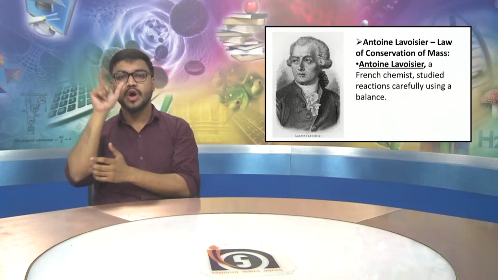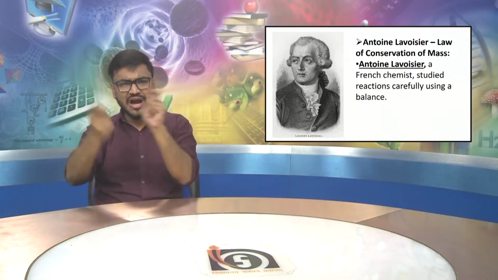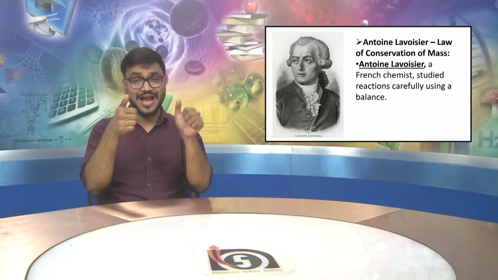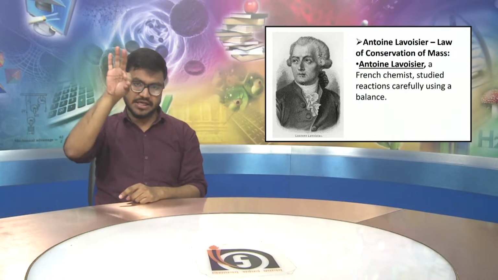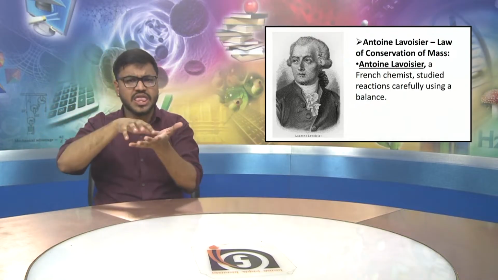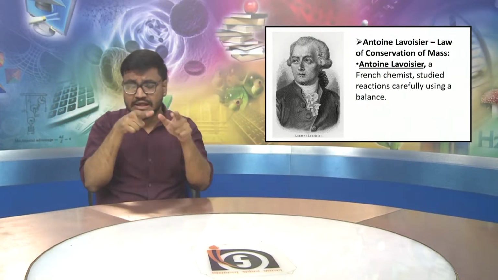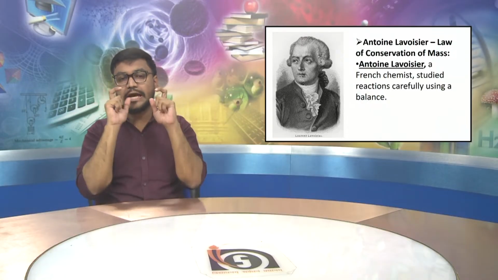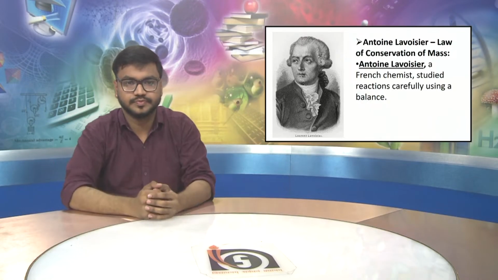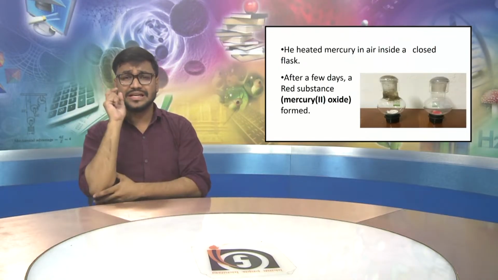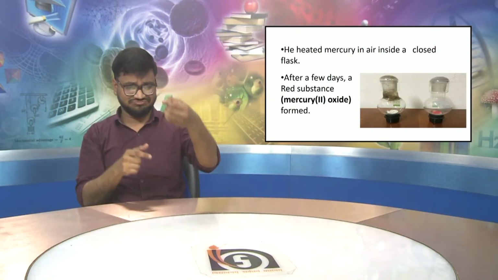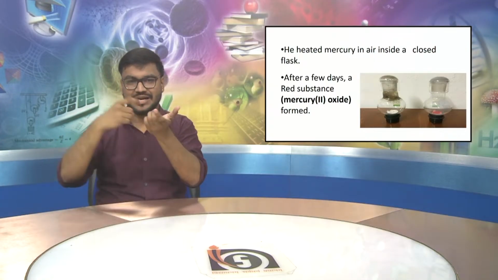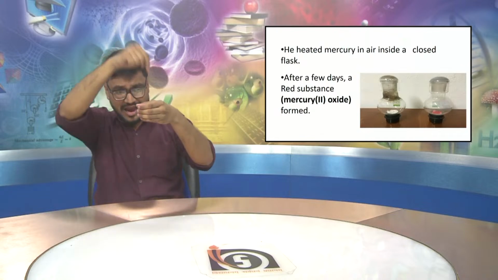There is a person, Antoine Lavoisier. He stated the law of conservation of mass. Antoine Lavoisier, a French chemist, studied reactions carefully using a balance. In his study, he heated mercury in air inside a closed flask.